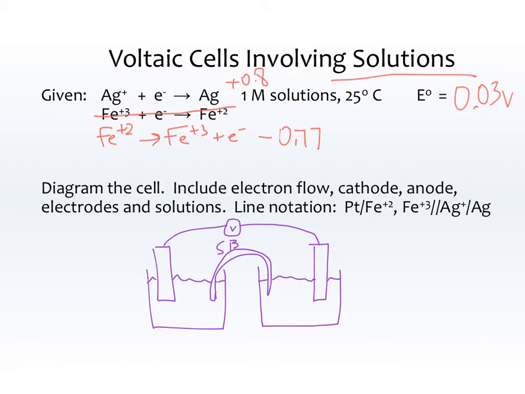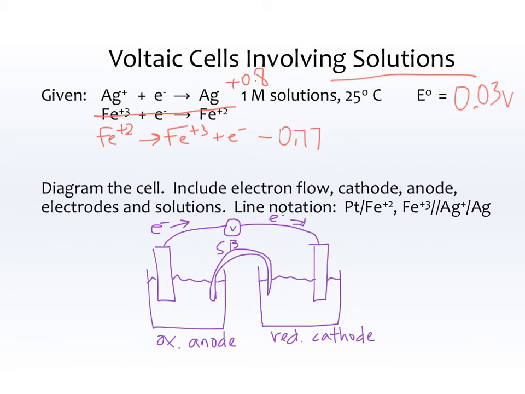I'm going to put the oxidation on the left, that is the anode, and reduction on the right, that is the cathode. You do not have to do it that way. You could put reduction on the left and oxidation on the right. Doesn't really matter either way. If I put oxidation on the left, oxidation is loss of electrons, so the electrons are going to go across the wire left to right instead of right to left, which is totally fine. If you flip it, then make the electrons go the other direction.